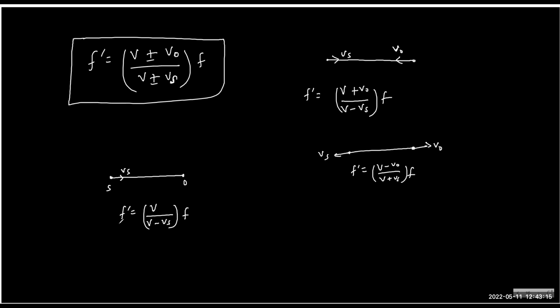But we would like to increase the frequency because the source is approaching. So what sign is suitable here, plus or minus? Is this clear, this part? Yes, sir. Negative.